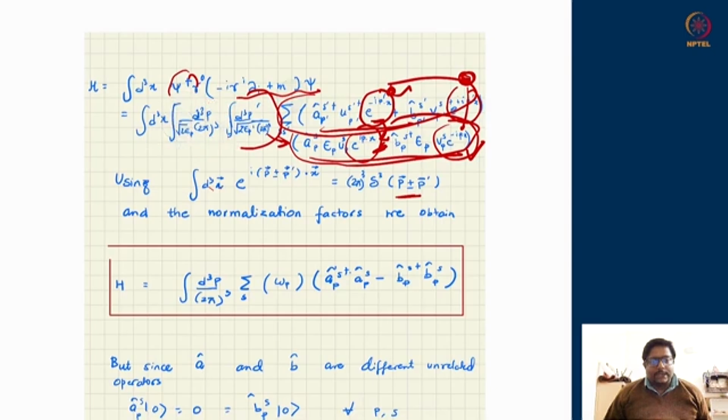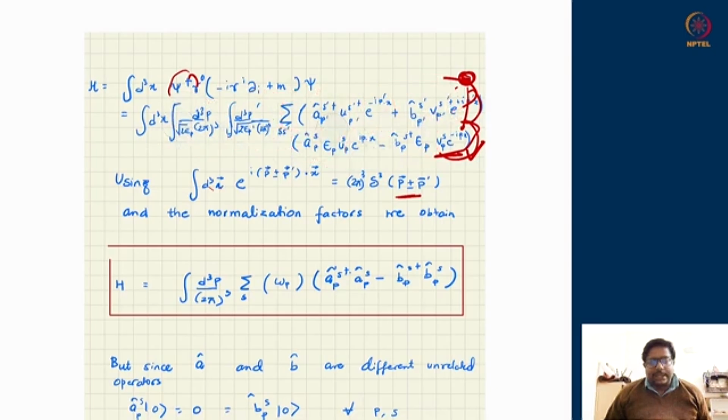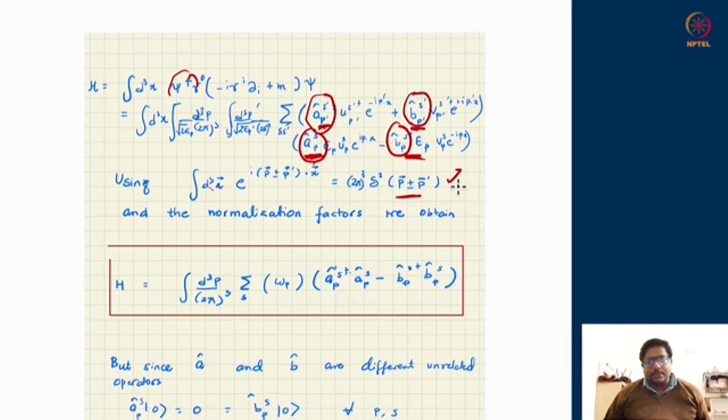So the delta function will get rid of one of the momentum integrals, and then you will have just simple combinations of AP multiplied to this, AP multiplied to that, BP multiplied to this, and BP multiplied to that. You will see the cross terms will vanish. There will be no term where this A and B are multiplied versus this and this multiplied. Once you make use of the Dirac delta function integration, all these cross terms will get cancelled.